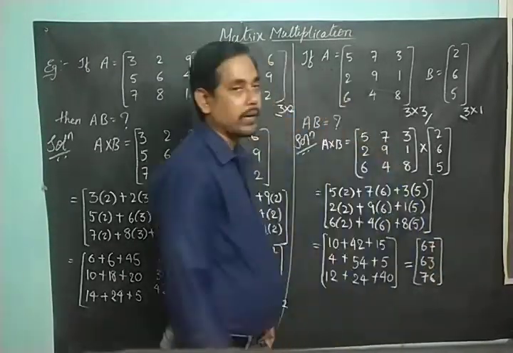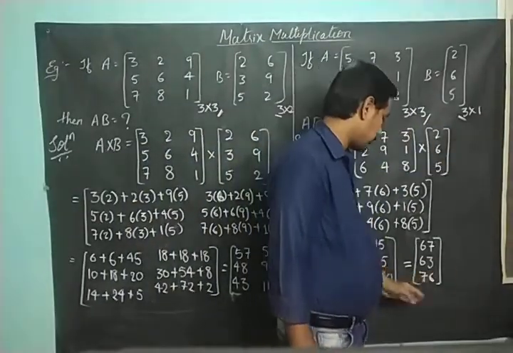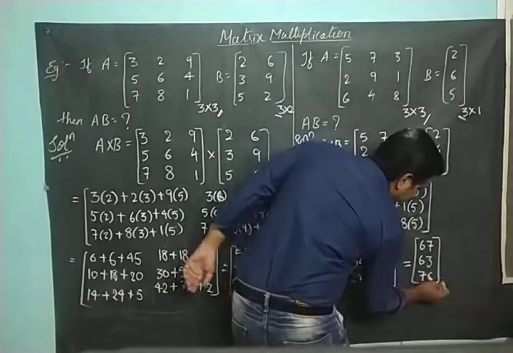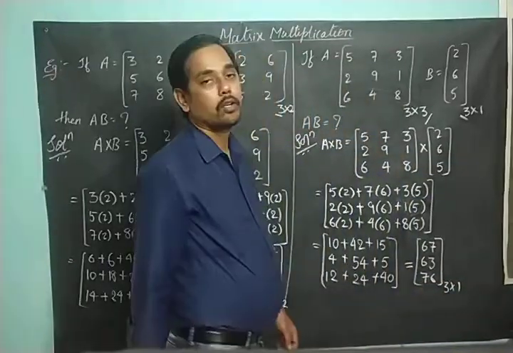So this is the required matrix. You can check here, the order of the final matrix should be 3 cross 1. So it is 3 cross 1. Right? This is how we need to solve it.